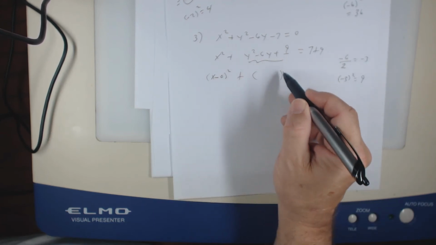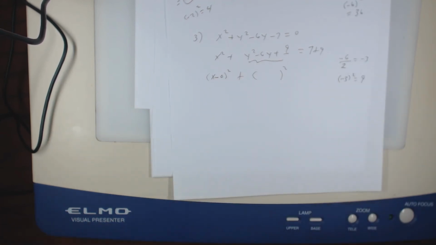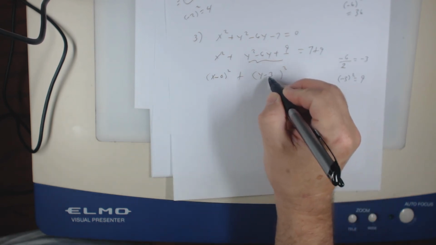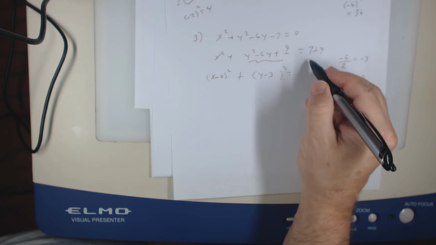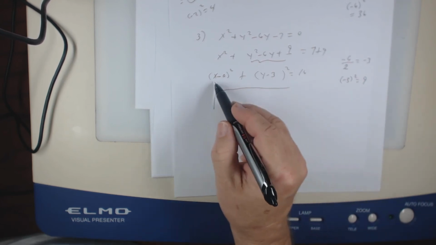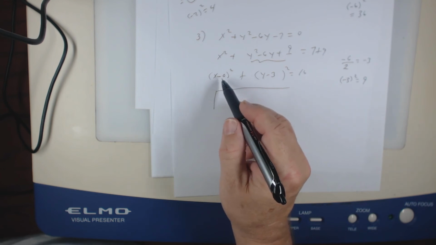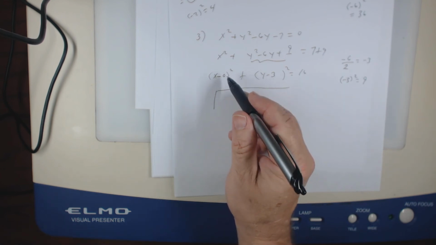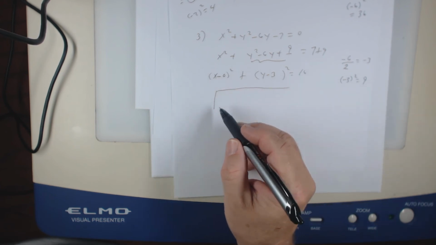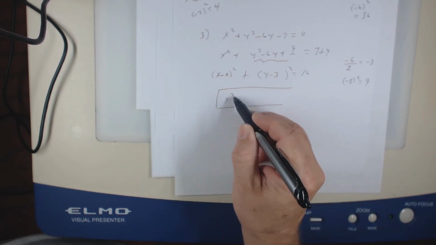So plus, what's going to be that binomial? Y minus 3. And what does that equal? 16. All right, now your answer though, I need for you to rewrite this, so I don't leave it like this. If you left it like this, I won't be too upset, but I'd prefer you remember that x minus 0 squared is just what? X squared.